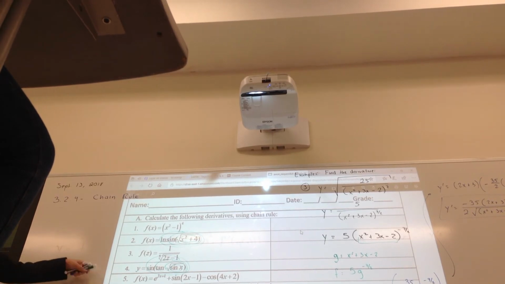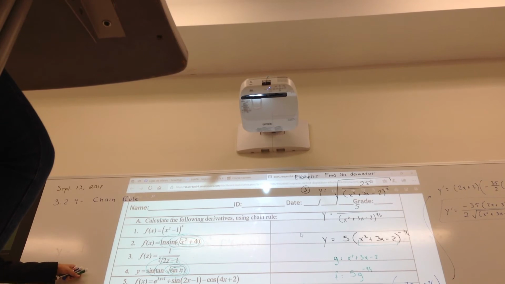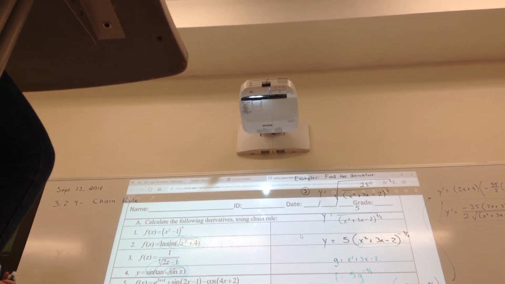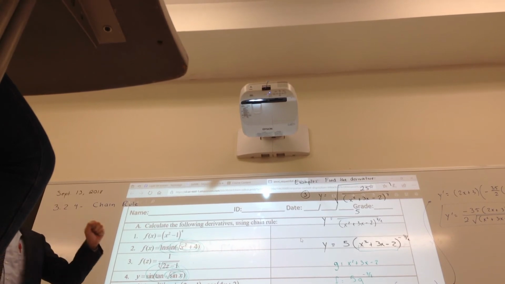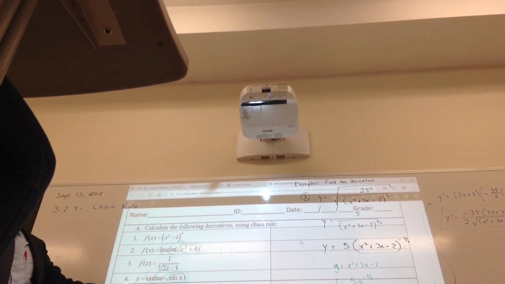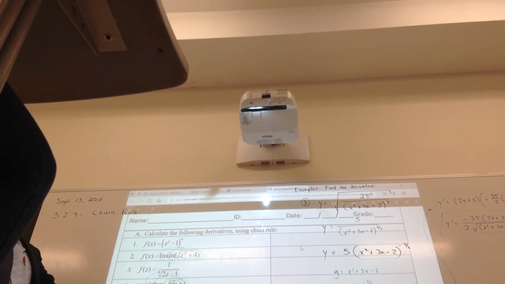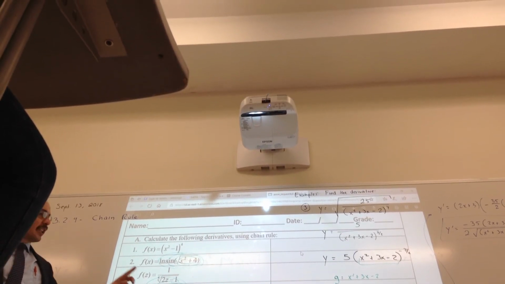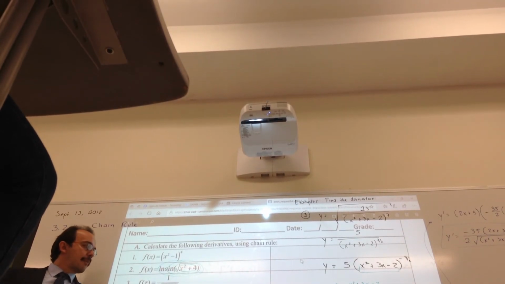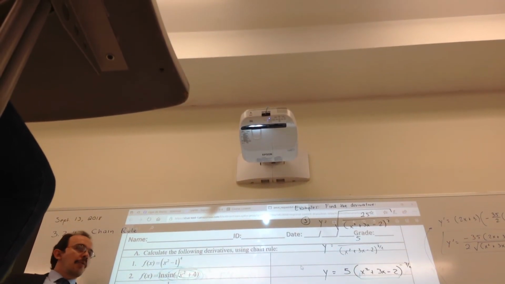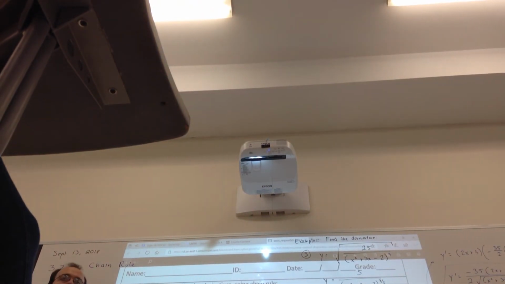Number 5. What happens with number 5? How many do you have? 2. Now, listen. Observe. You have this function plus another function minus another function. Remember, when you have addition and subtraction, there are different functions.